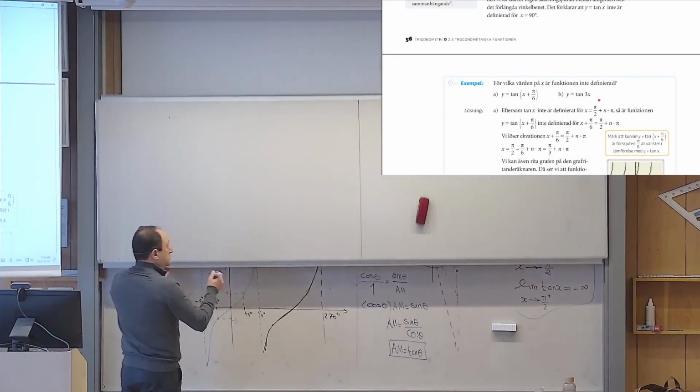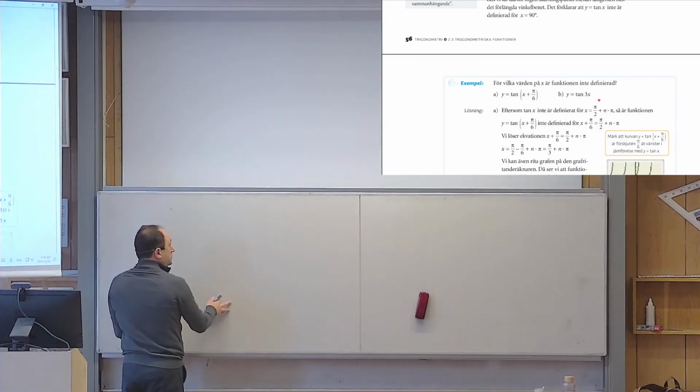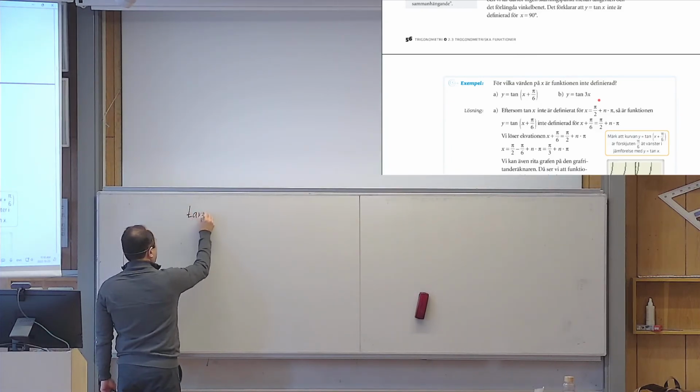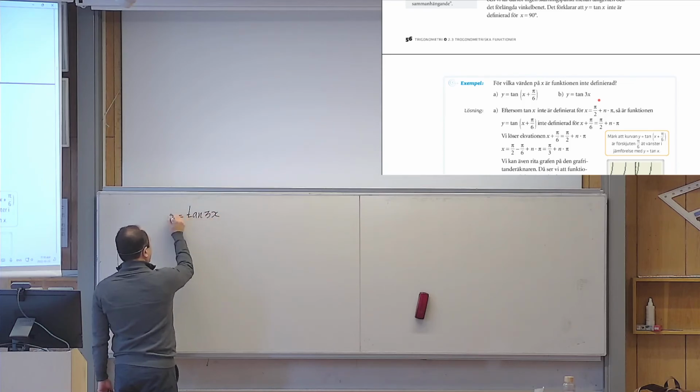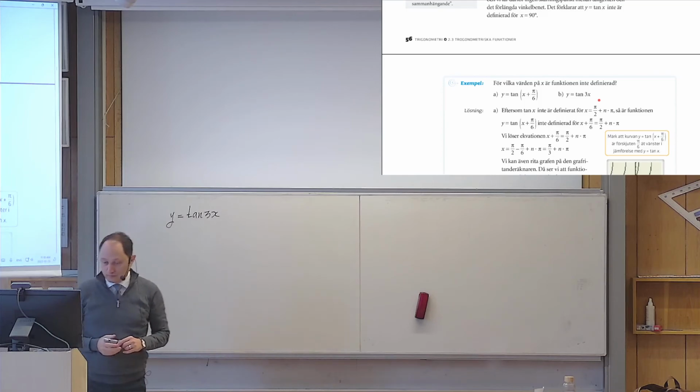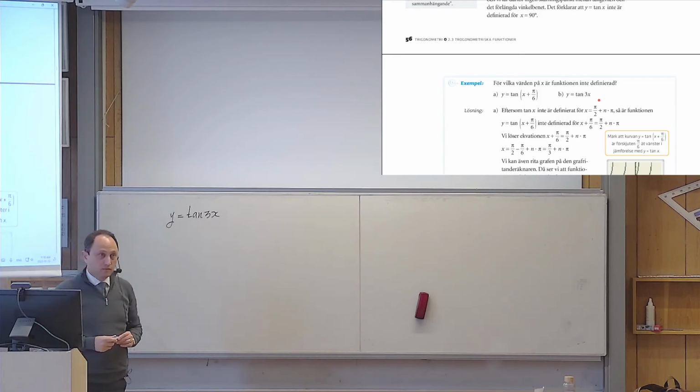So can you help me to do this? I want to find those values for x so that tangent 3x is not defined. So how should I solve that question? Yes?